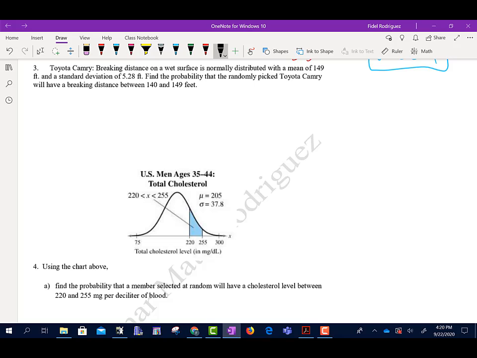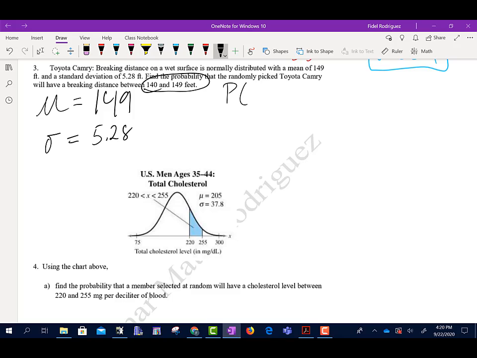Okay, so before I do anything else, first thing I'm going to do, guys, my average is 149. My standard deviation is 5.28. The question is asking me, find the probability that a randomly picked Toyota Camry will have a braking distance between 140 and 149 feet.